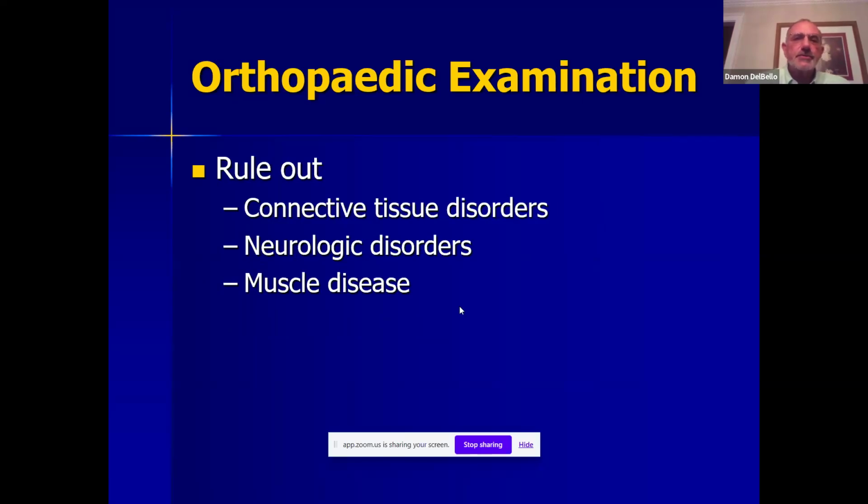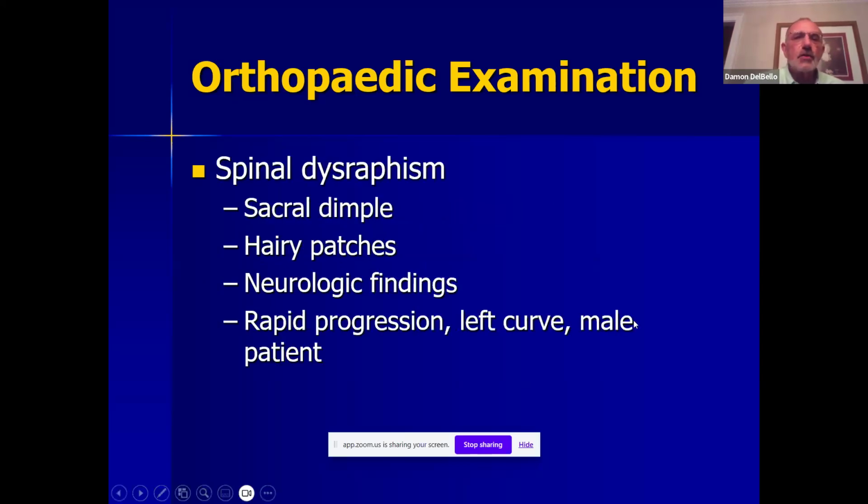Connective tissue disorders and neurologic disorders tend to affect progression of the curve quite a bit. So we need to know if we're dealing with a low tone or a connective tissue issue. Look for things like sacral dimple and hairy patches. Look for neurologic findings. Other signs are rapid progression, left-sided curves, and large curves in male patients. These are indicators of possible dysraphism cases.